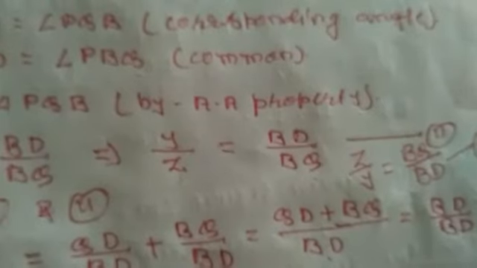So students, in this way we have solved some questions from the similar triangles chapter. Now I hope that all of you have understood it clearly, and now I suggest that you practice a lot more questions to get command over it.